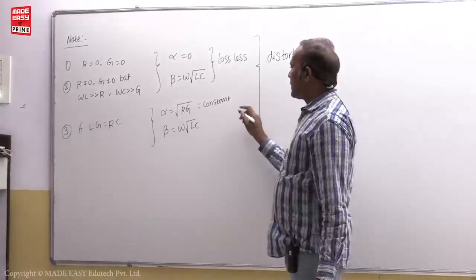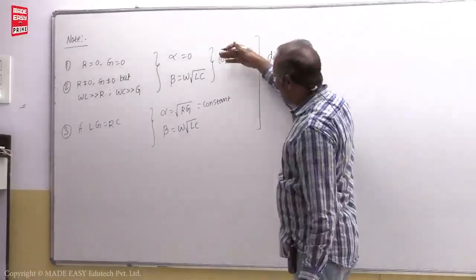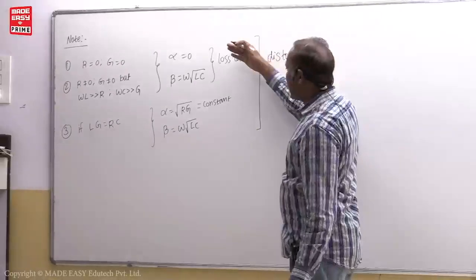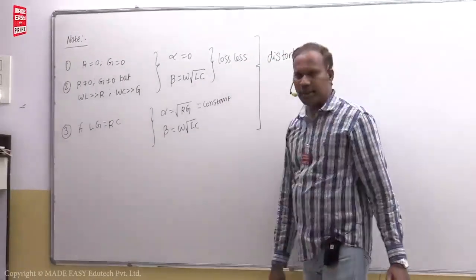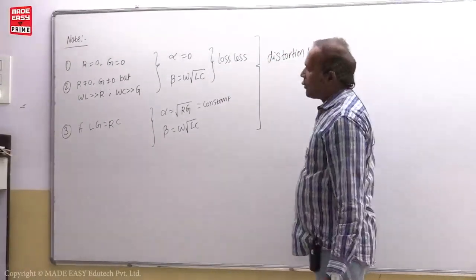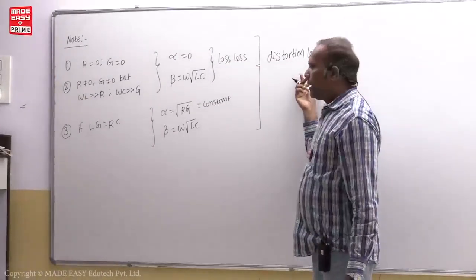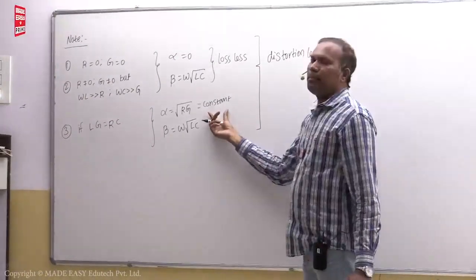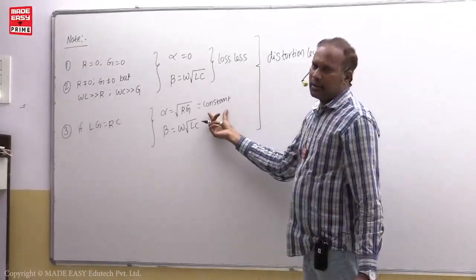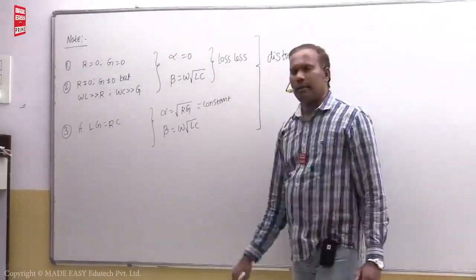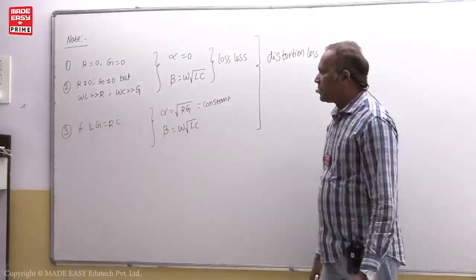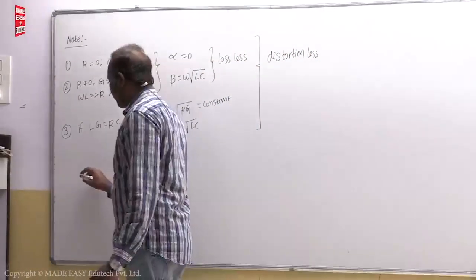Both satisfy the distortionless condition. So that is why I told you a lossless line behaves like a distortionless line, but a distortionless line does not mean lossless, because alpha is not 0.